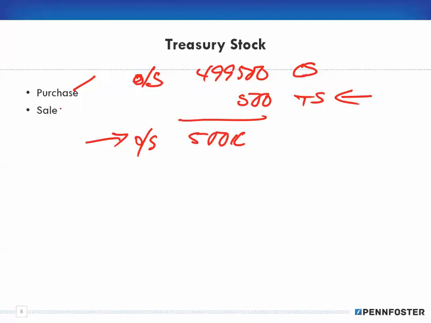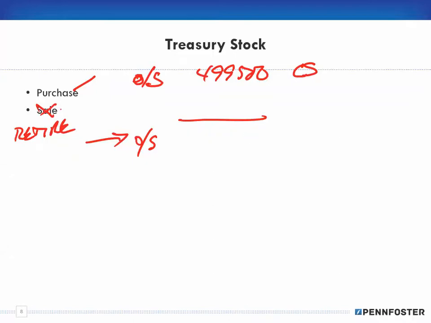Now, instead of selling it back into the marketplace, we decide we're going to retire those shares. If we retire those shares, there's no longer the treasury stock of 500, and our outstanding shares now is only the 499,500. That's when we retire some of that treasury stock.